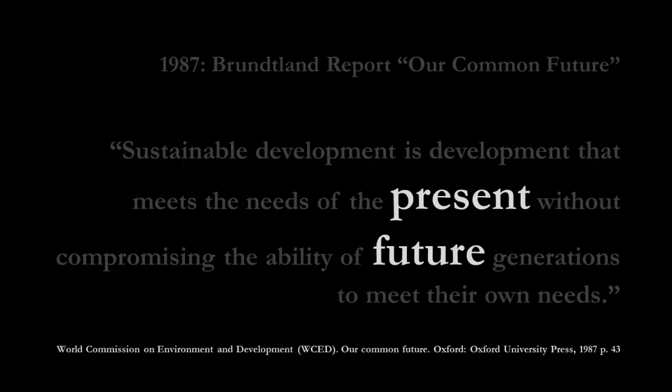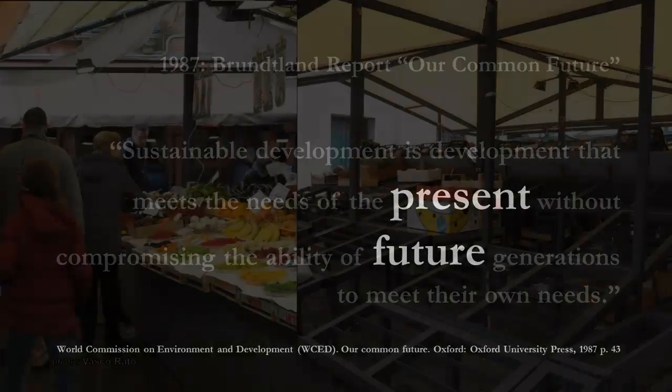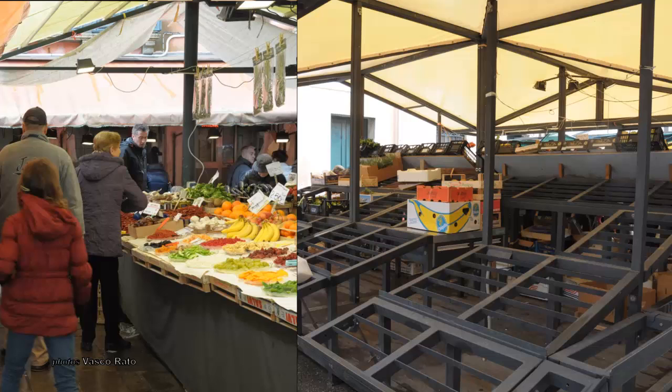Let's now look at this relationship between the present and the future. We have to assure that living on this planet will be a good thing to do in the future, that human beings will be able to share the natural system with the other species. We also have to be sure that in the future our descendants will have the resources they need to fulfill their needs and to be happy and safe on this planet.